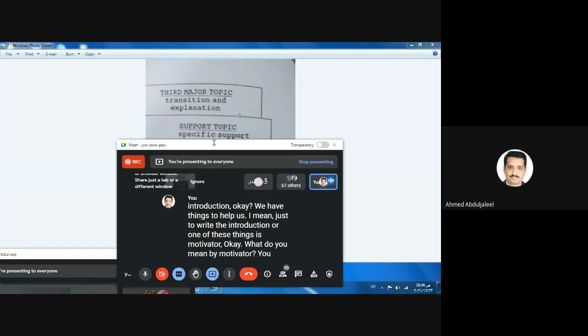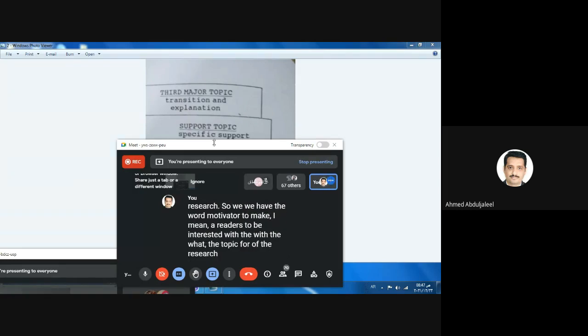We said that our aim is just to address the reader's interest and to match it with ours when we are going to have the research. So we have the word motivator to make readers interested in the topic of the research.